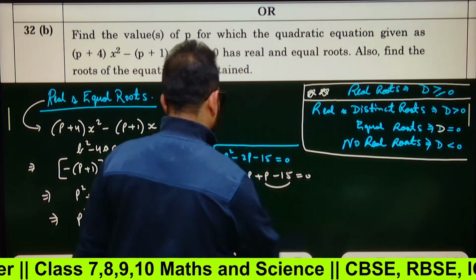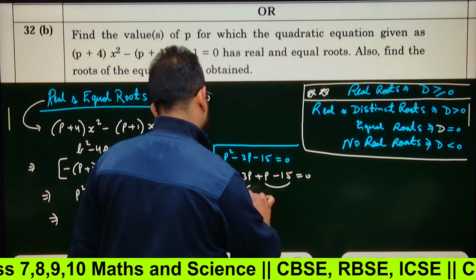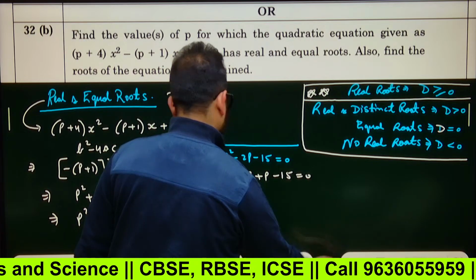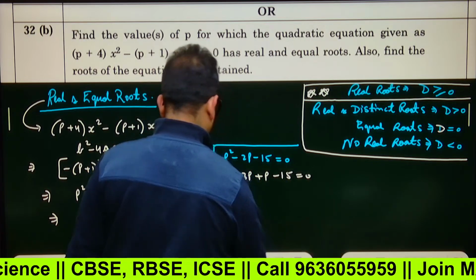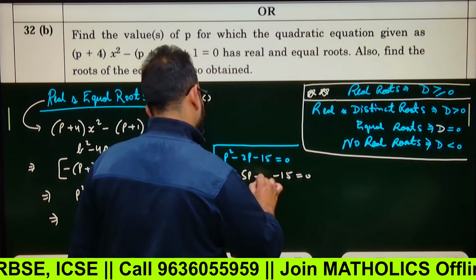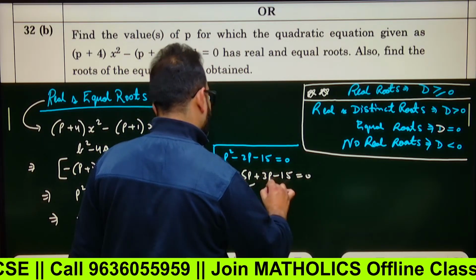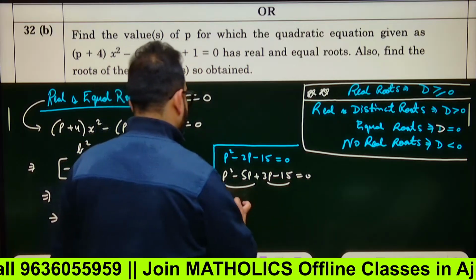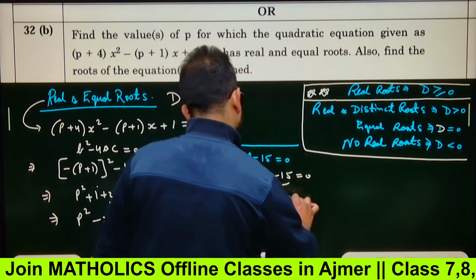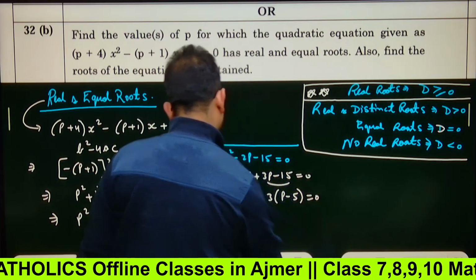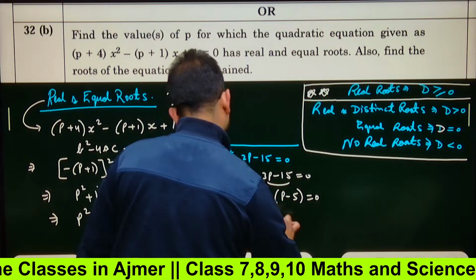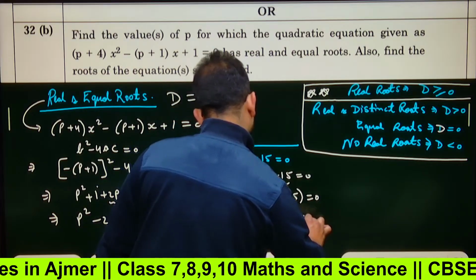Take p common: p into (p minus 5) plus 3 common (p minus 5) equals to 0. So here it is (p minus 5) into (p plus 3) equals to 0.